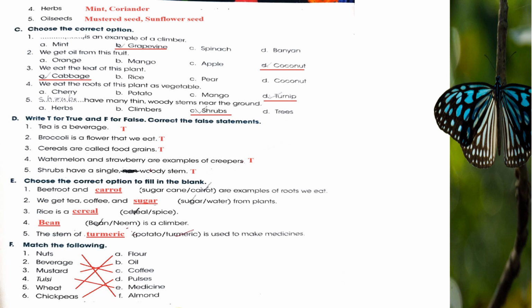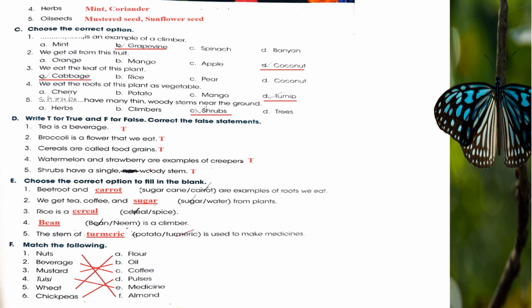Answer is turnip. We eat the roots of turnip plant as vegetables. Fifth, dash have many thin woody stems near the ground. Options are herbs, climbers, shrubs, and trees. Answer is shrubs. Shrubs have many thin woody stems near the ground.